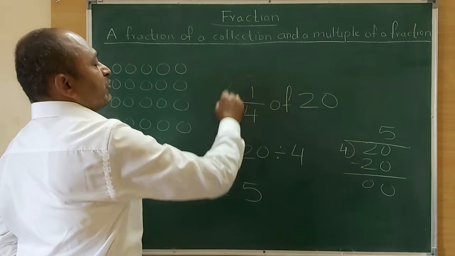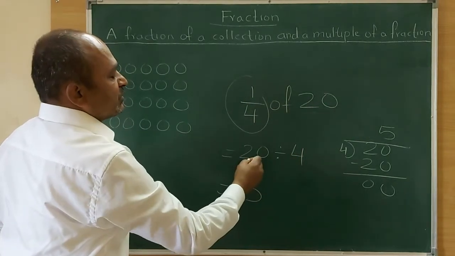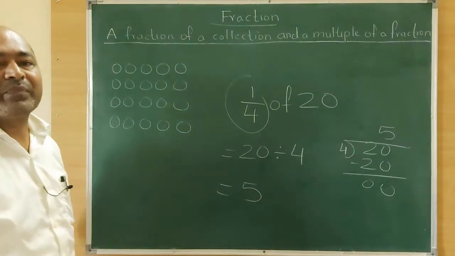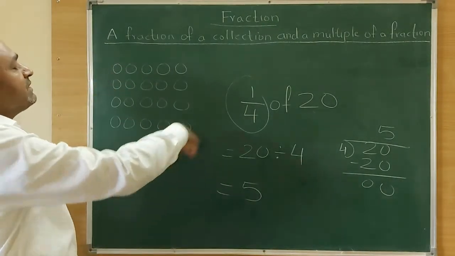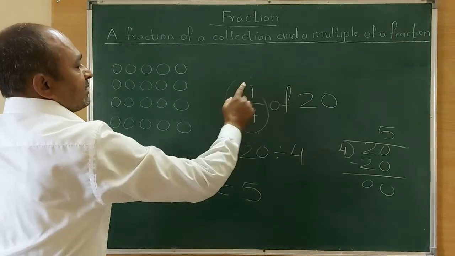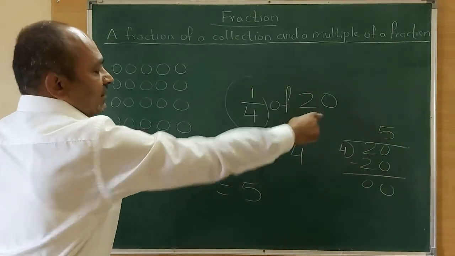So 1 upon 4 of 20 is equal to 20 divided by 4, that is 5 dots. In this way, we can find a fraction of a collection.